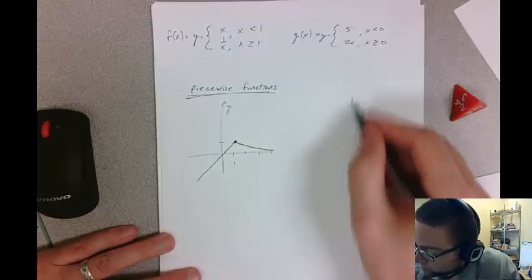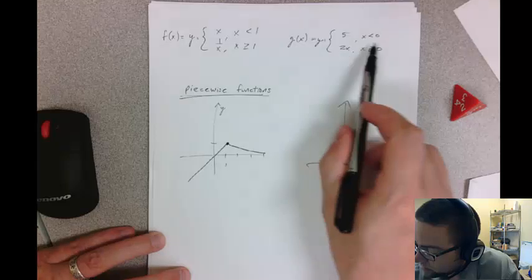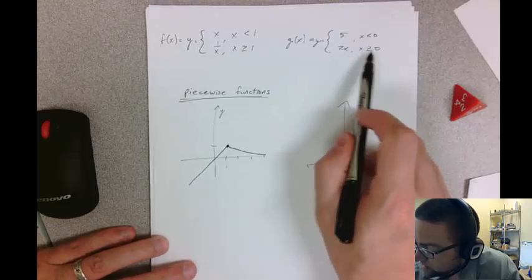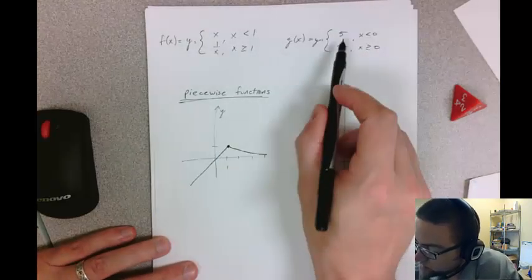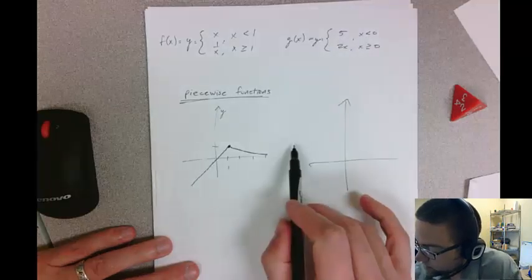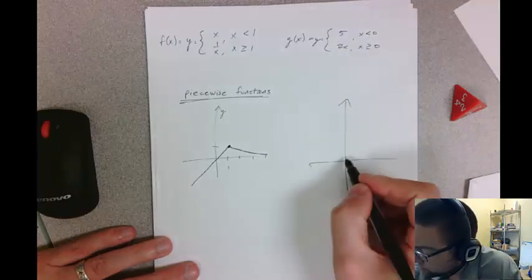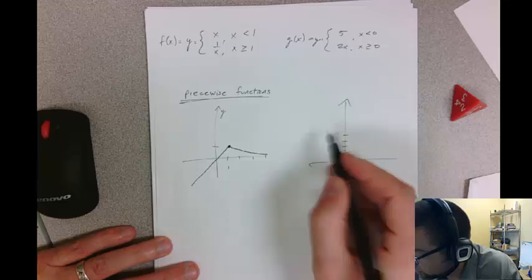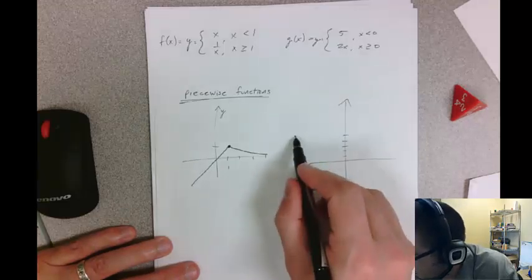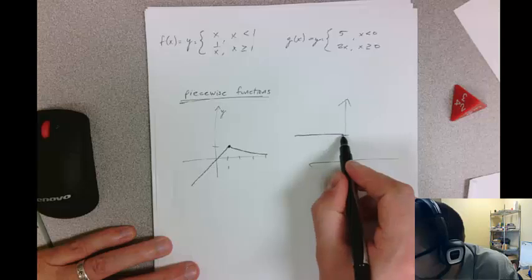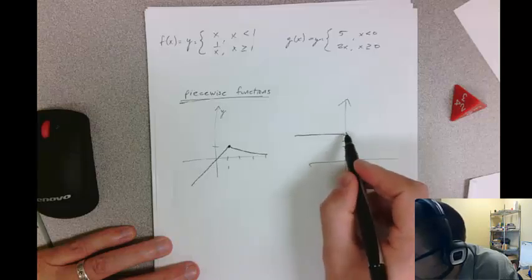This example for g of x splits at x equals 0. It's going along when x is less than 0, y is equal to 5. So 1, 2, 3, 4, 5. For all these values of x, y was equal to 5. And then we hit this one, and since it's strictly less than 0, I'm going to do an open circle.